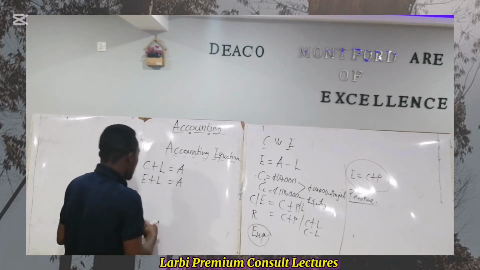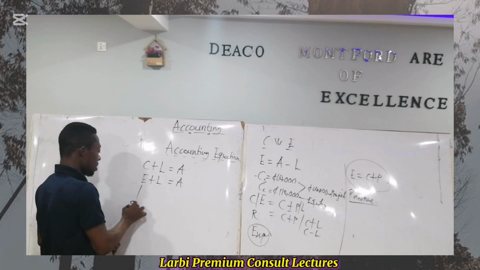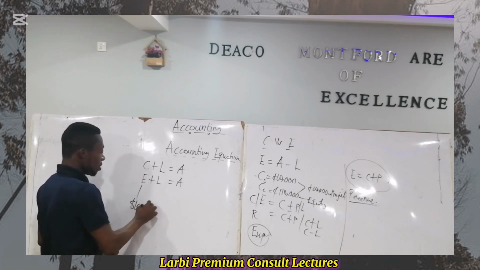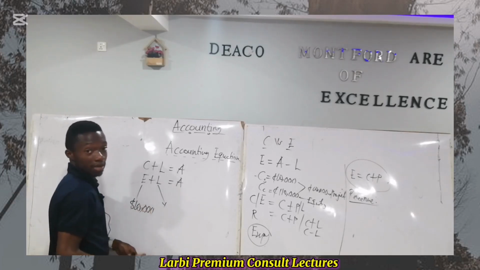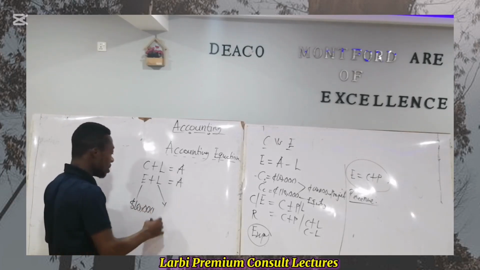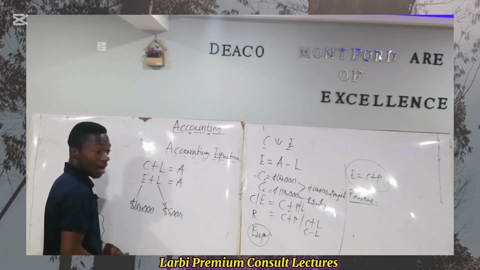That's why any resource that we provide, we expect, is supposed to form part of the assets of the business. So if our equity was, let's say, $10,000, right, and our liability from the outsiders who have also invested is, let's say, $5,000, then we can say that our asset is going to what?